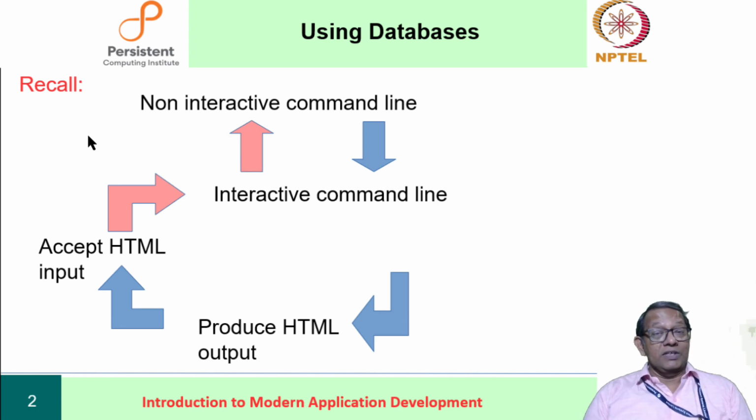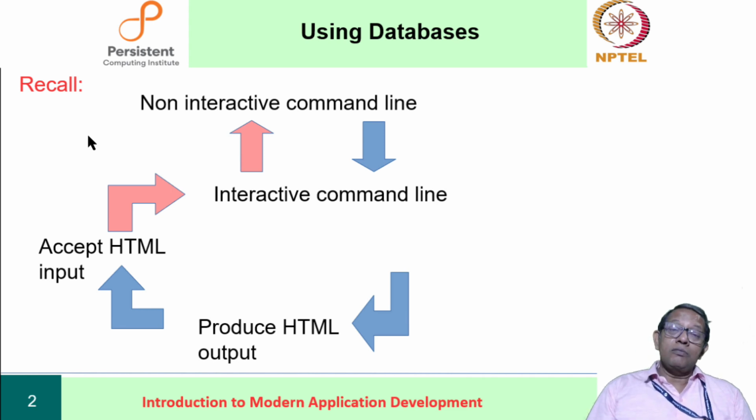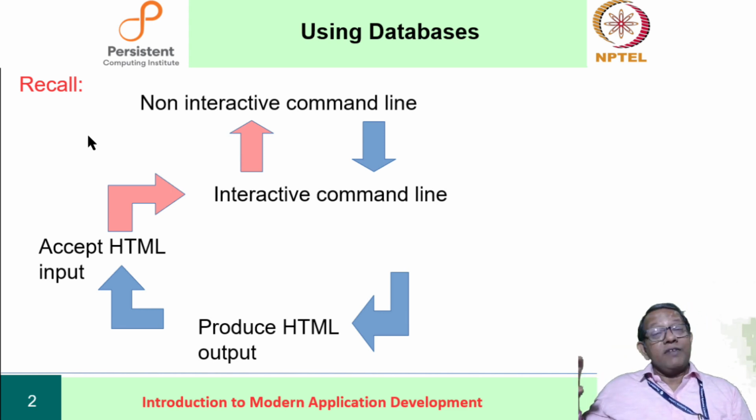This completed the whole basic cycle of a web application. But the problem with this has been that it is using a forms interface where the entire bunch of commands is given as one single piece of input to the model or the Java program on the server. It was a command line interactive program.